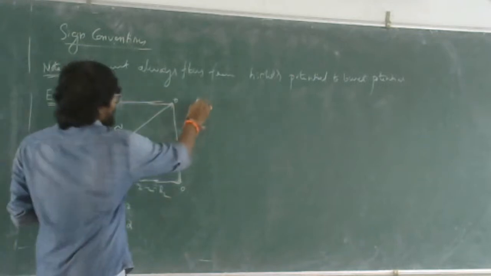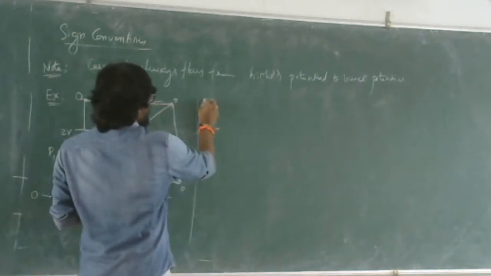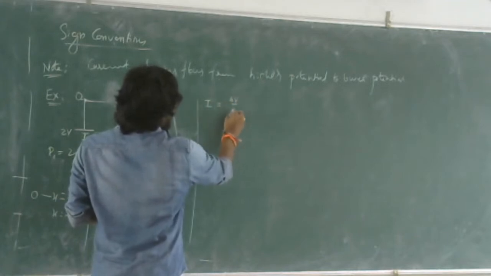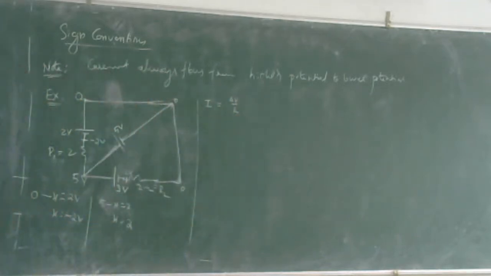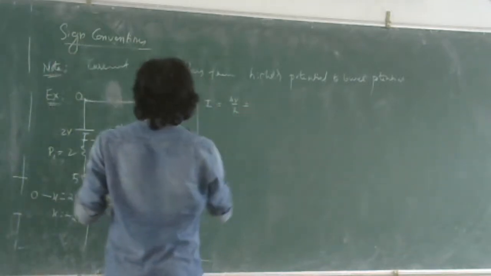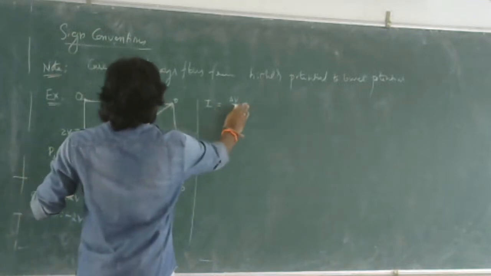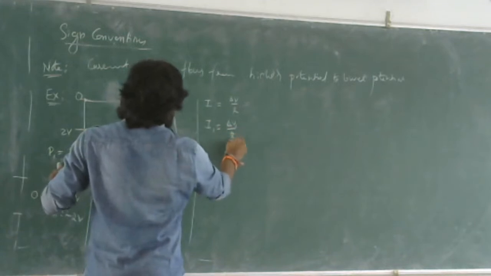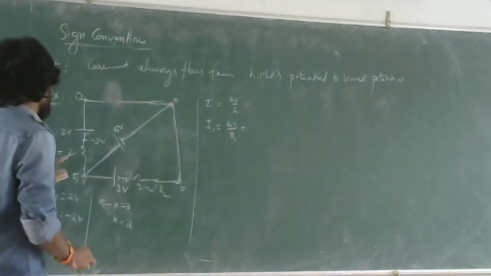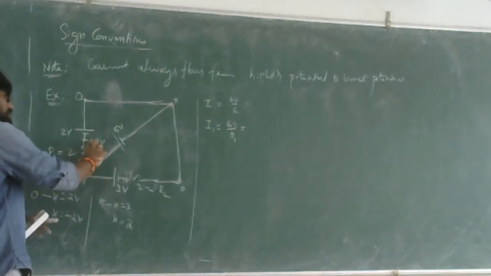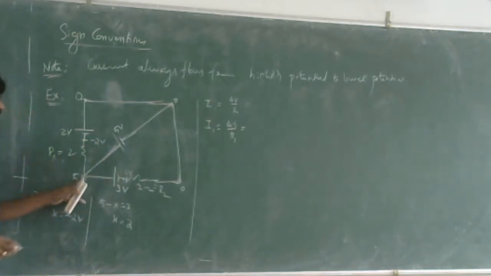We have to remember from Ohm's law that current I is equal to V by R, or potential difference by resistance. So here, for the first resistor, I1 is equal to delta V1 by R1. For this resistor, what is the potential difference? This one is minus 2 volts, another is 5 volts, which is higher.